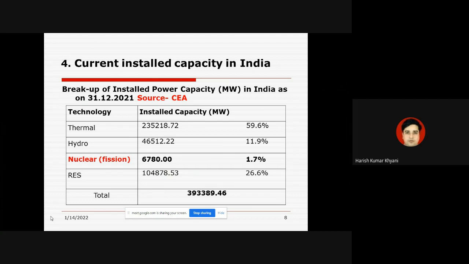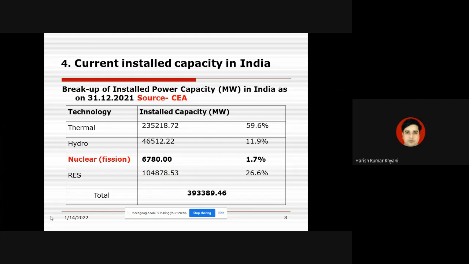So the thermal portion is around 59.6%. Thermal means the coal and gas, diesel power plants, etc. Hydro accounts for around 12%. Nuclear, you can see that a very small amount of energy we are getting from nuclear power plants.